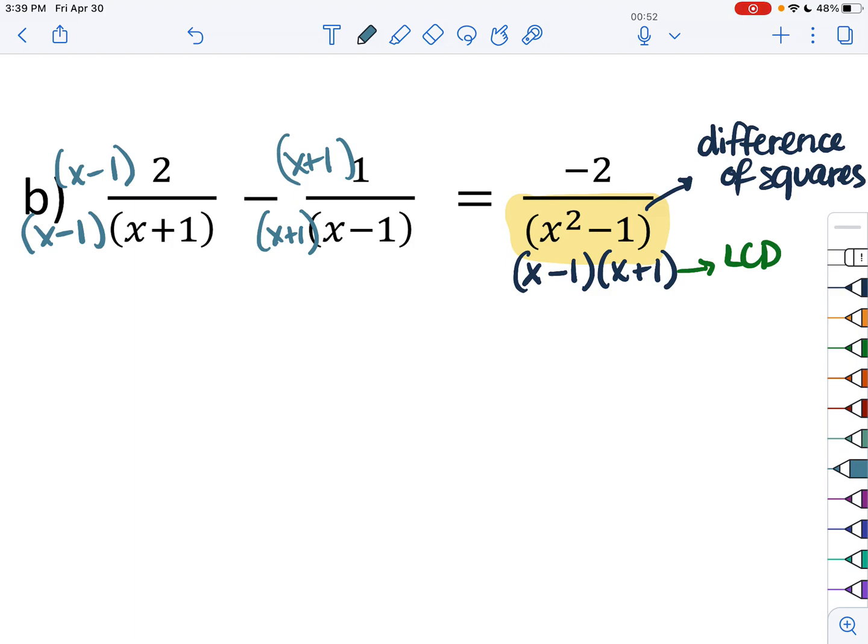Okay. Now, I tend to always rewrite these, at least the top part, because my bottom part doesn't matter anymore. I did what I needed to do and I got them all to be common denominators. So now I just need to write my top, or my numerator.